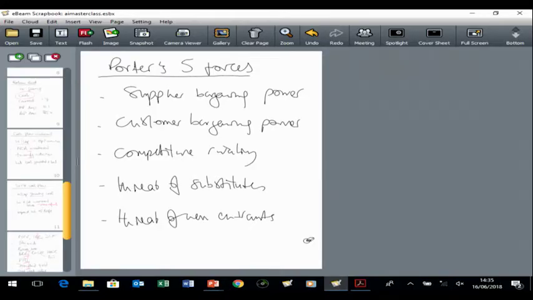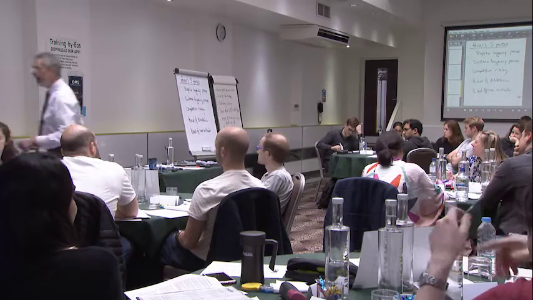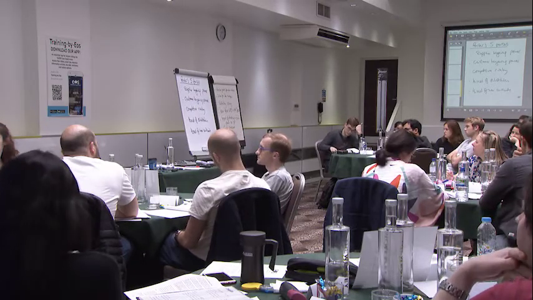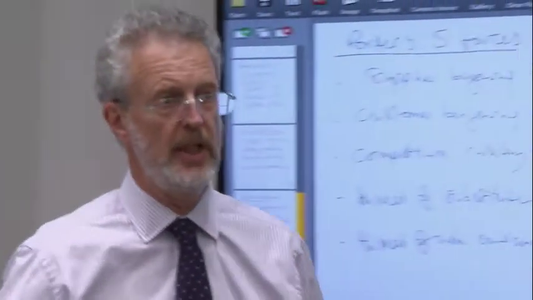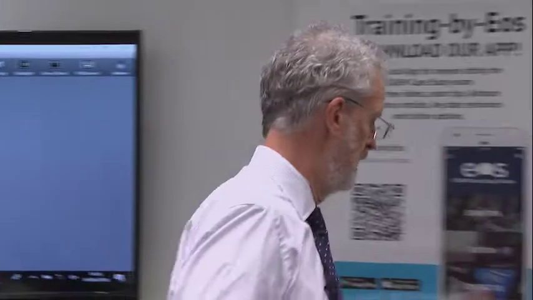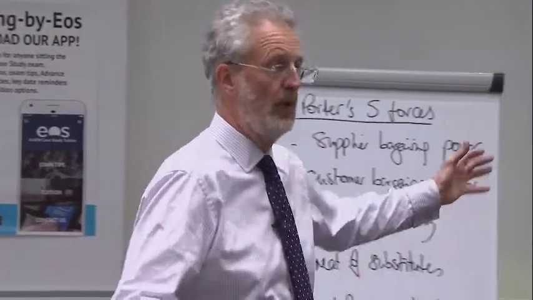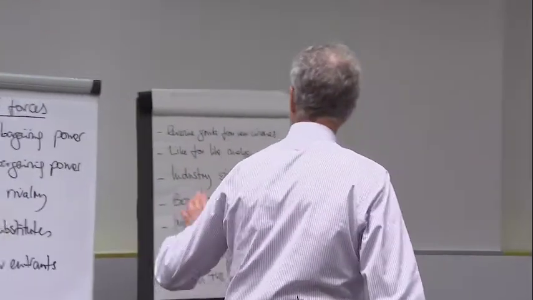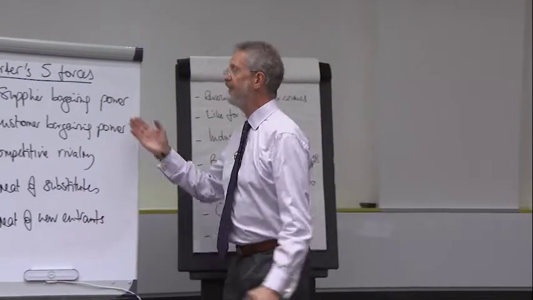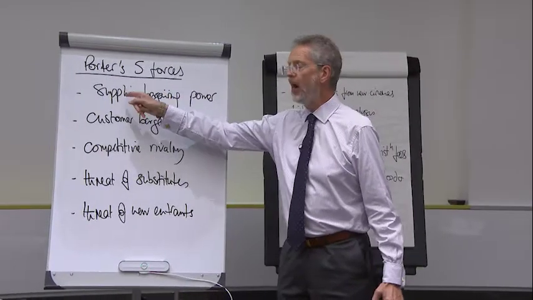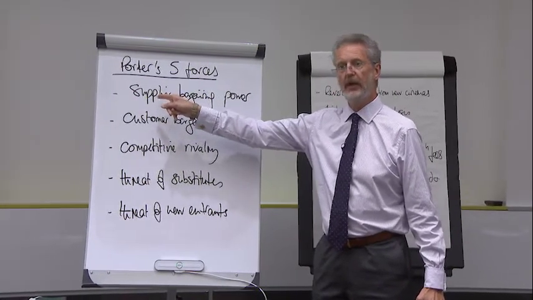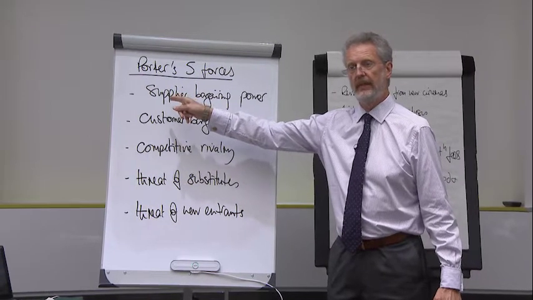Okay, thank you very much. And so that we're on the same hymn sheet, before we start to do some work on Porter's Five Forces, can we just make sure we define? So who are the suppliers or supplier groups that we're talking about?